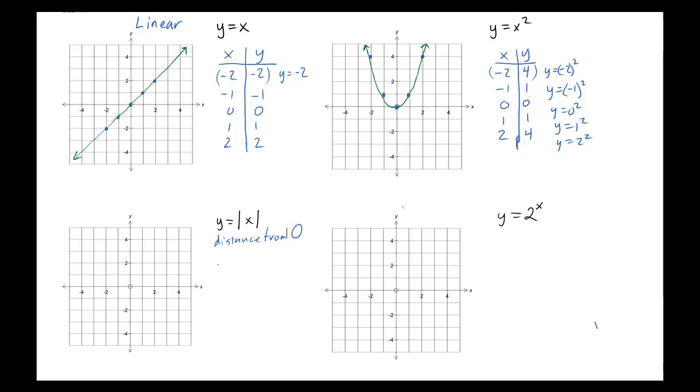So if I'm looking at a number line, how far are these numbers from 0? Now, distances are always going to be positive, right? If I have a specific distance, I'm never going to say that I am -2 meters away from you. It's just 2 meters. It doesn't matter if I'm in front of you or behind you or to the side. The distance is always going to be a positive number.